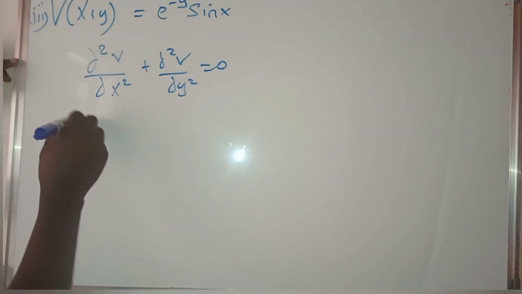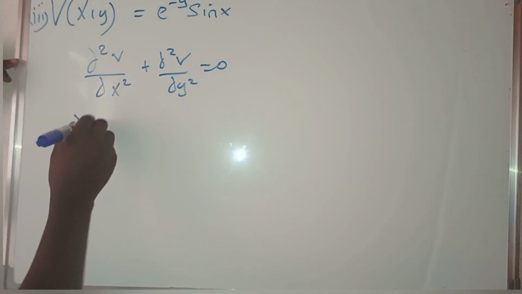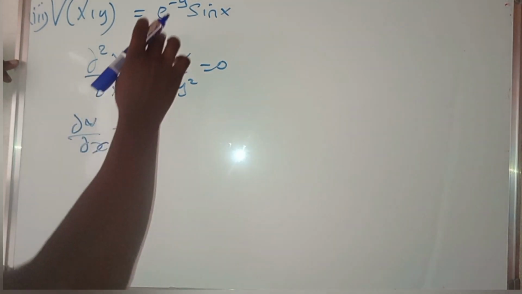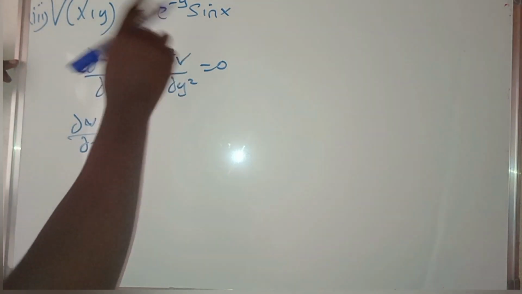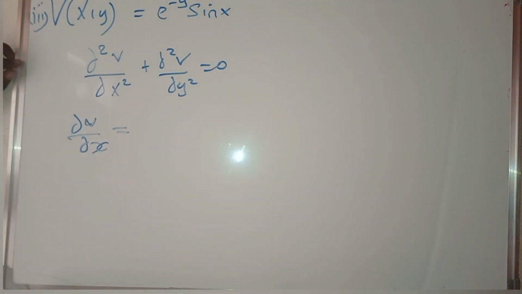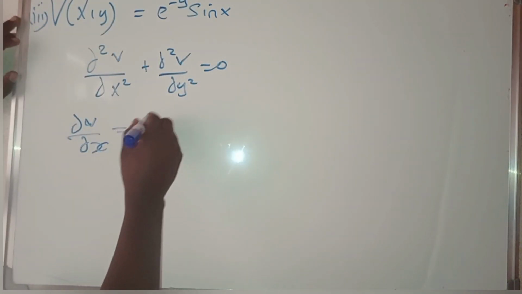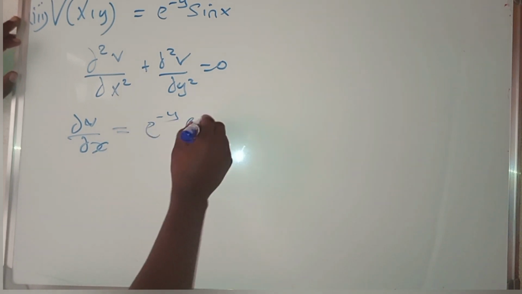So the partial derivative of v with x is equal to, so you differentiate the part with x only. So e to the minus y cos x.